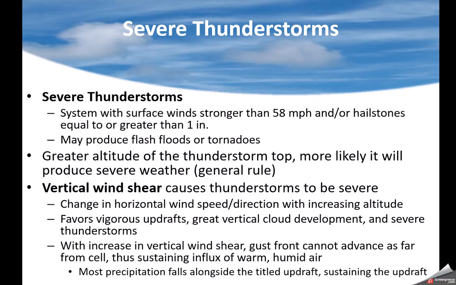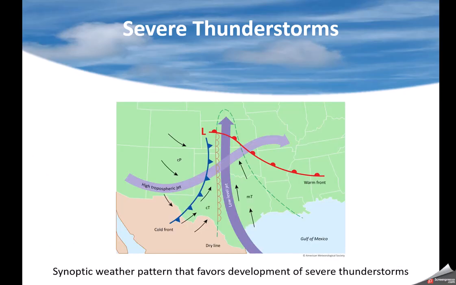New thunderstorms may develop on the outflow, but that outflow will eventually cut off all the warm, humid air coming into that storm. That's why with vertical wind shear, the outflow can't go very far ahead, and the thunderstorms tend to stay upright. So you keep this very strong updraft going. Instead of maybe 5 or 10 minutes of it, you're getting hours on end of that. That allows the thunderstorms to develop and become severe.